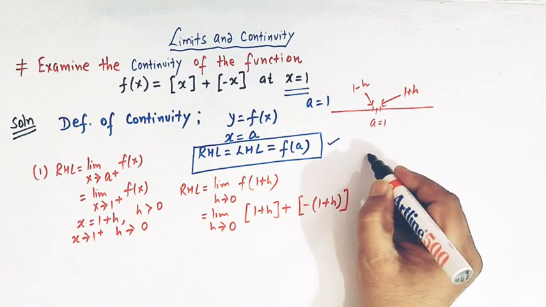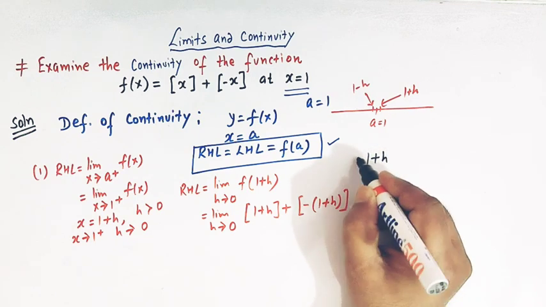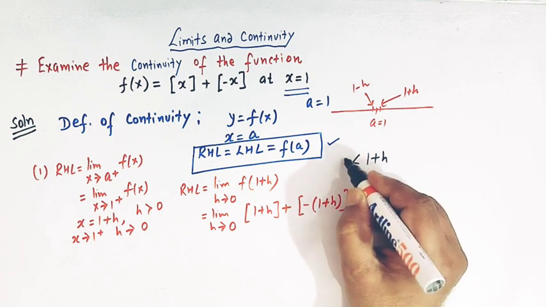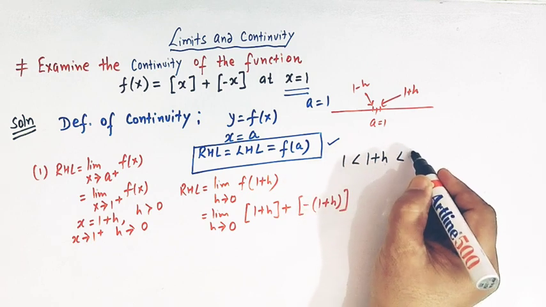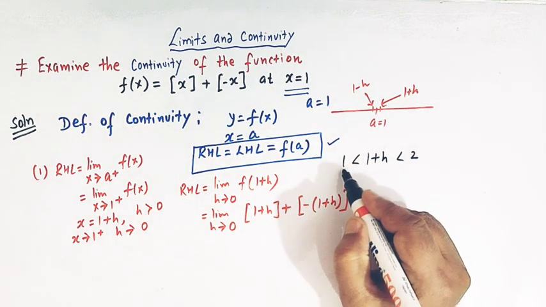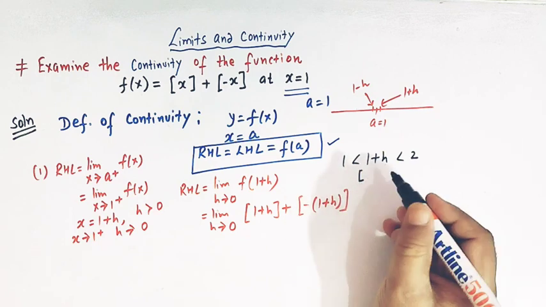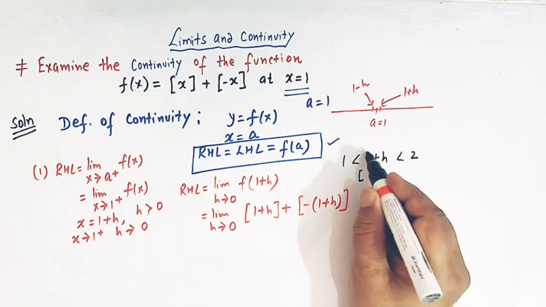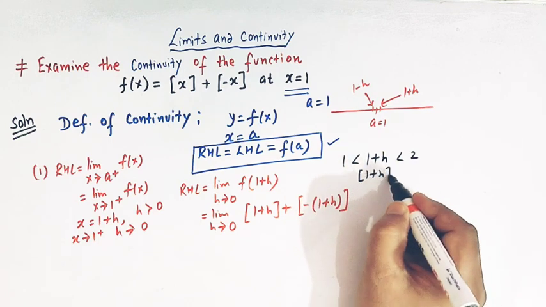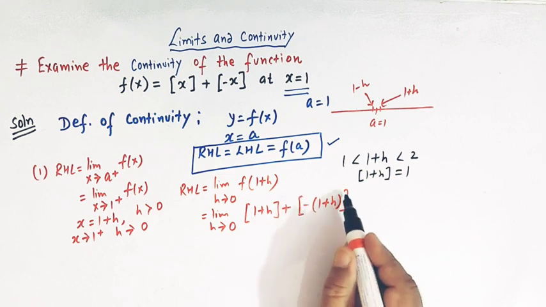Because h is a positive quantity, 1 plus h must be greater than 1, but it is less than 2. So by definition of greatest integer function, the greatest integer of 1 plus h must be equal to 1.